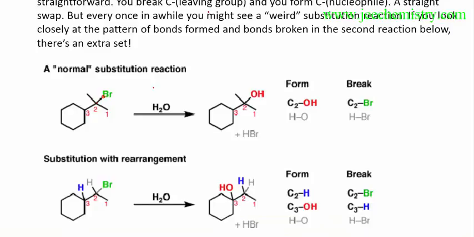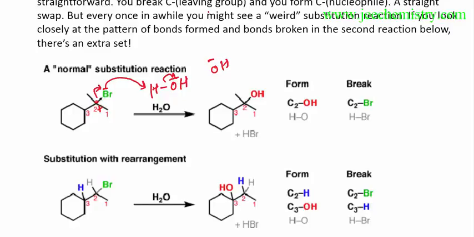Suppose this bromine, when H2O attacks, the bromine leaves with a minus charge, and after this a carbocation is formed.